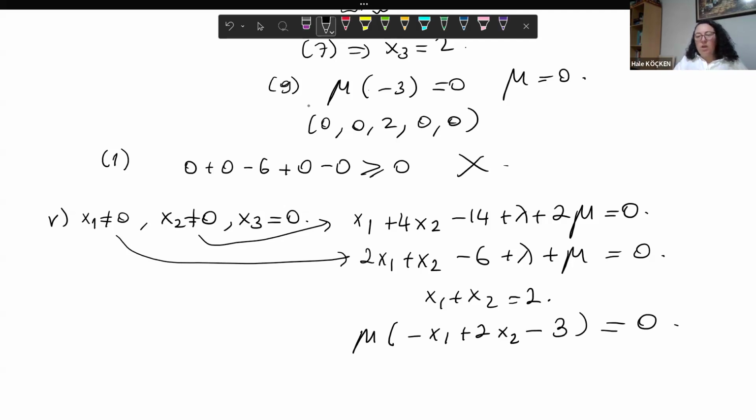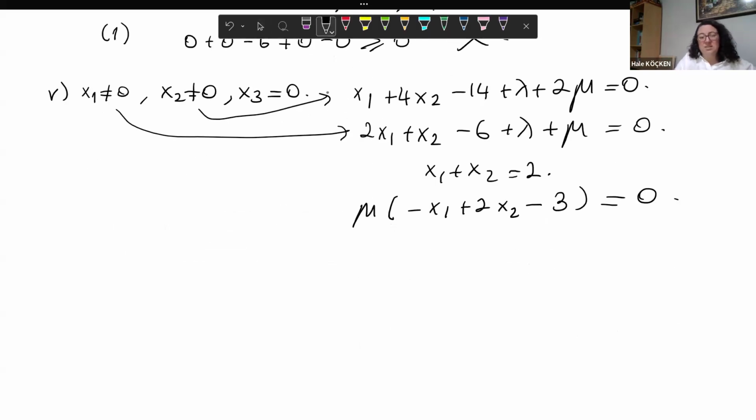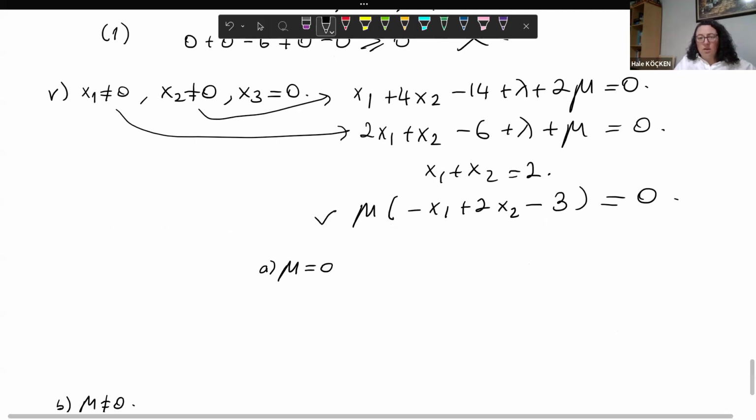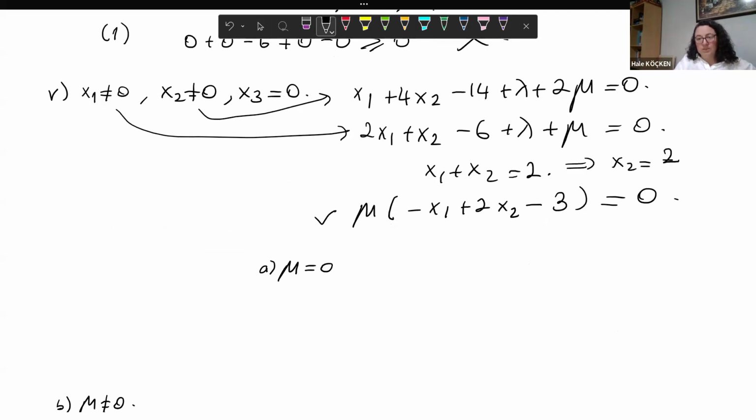It is obvious that I cannot decide and solve these unknowns because I have one complementary condition here. So again, as subcases, in subcase A, I will investigate mu is 0, and in the other subcase, I will investigate mu is different from 0. If mu is 0, this is satisfied. And from this one, I can write x2 is equal to 2 minus x1.